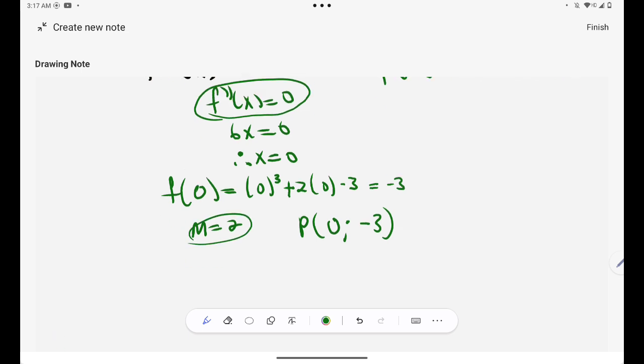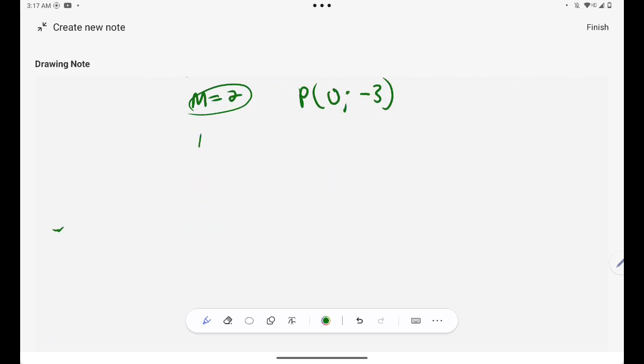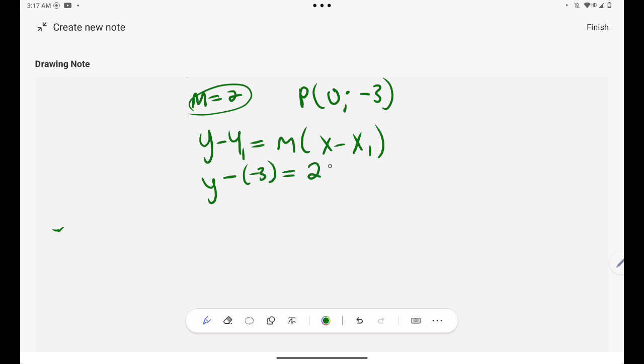So therefore, I have a gradient and a point. I'll go and use my equation. y minus y1 is equal to m times (x minus x1). y1 is negative 3. M is 2. I have x minus 0. y plus 3 is equal to 2x.